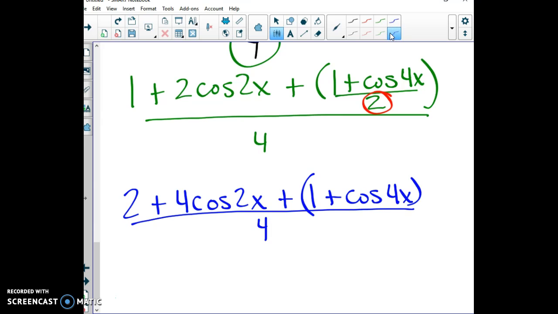So in doing that, what we did was simplify the numerator, but we also have to multiply the denominator by 2. So we get a denominator of 8 at this point.